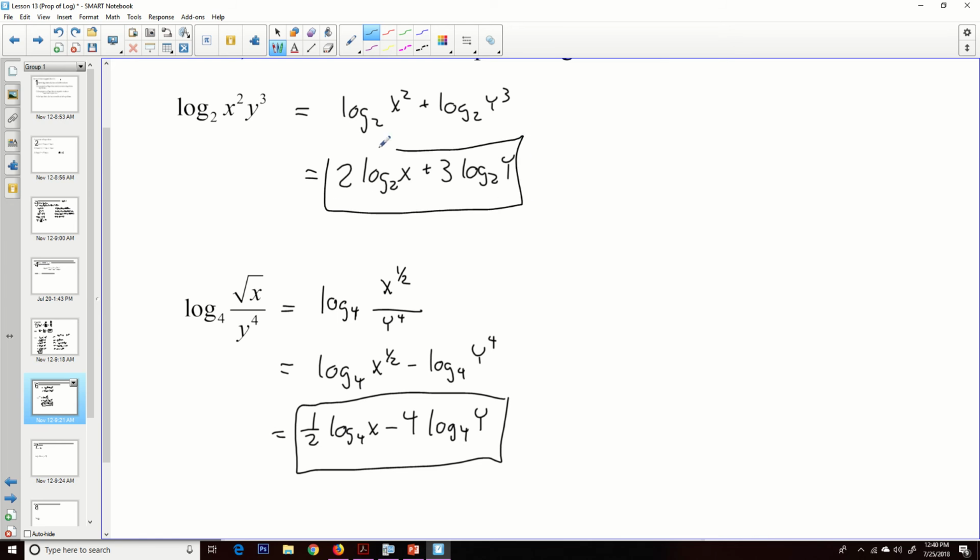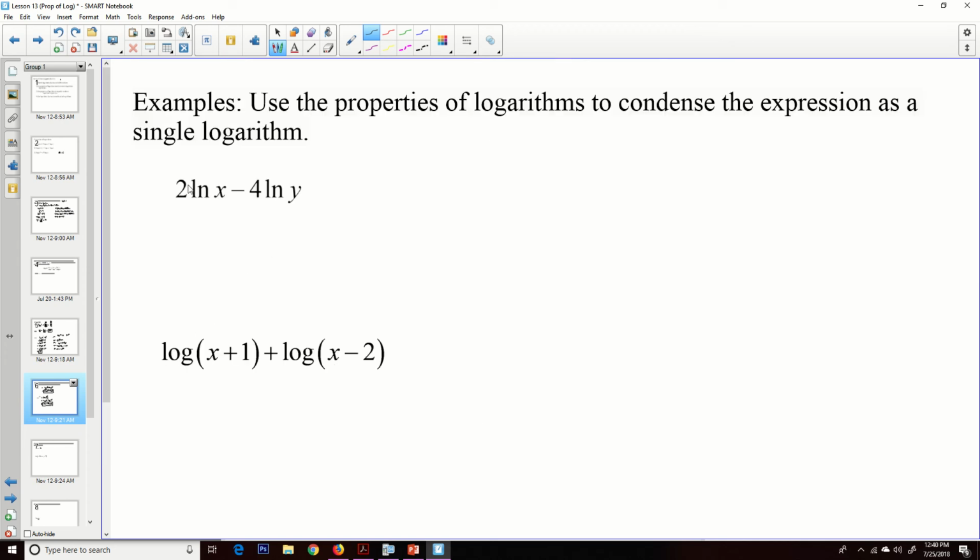Now in the next section, they ask us to condense. Now remember, we expanded with the product and the quotient first, and then we brought the exponents down. So when they ask us to condense in the next one, we're going to bring those multiples up first and then combine them.